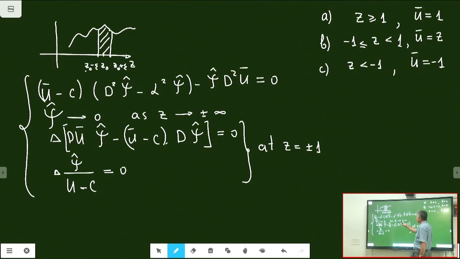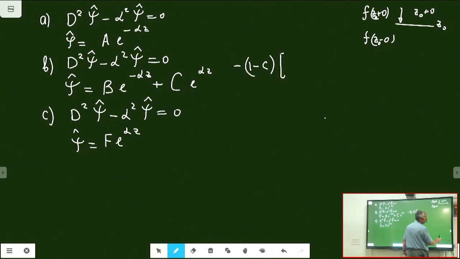This is e to the power minus alpha x multiplied by a. Differentiated, you will get a multiplied by e to the power minus alpha multiplied by alpha, right? So therefore we will get 1 minus c multiplied by minus alpha multiplied by a e to the power minus alpha. Agree?